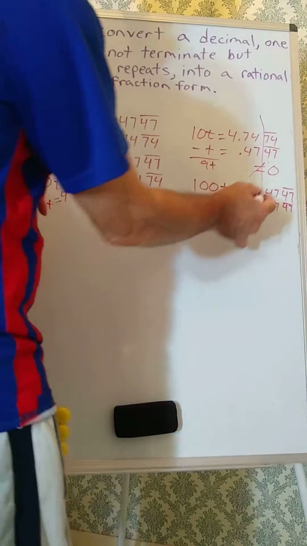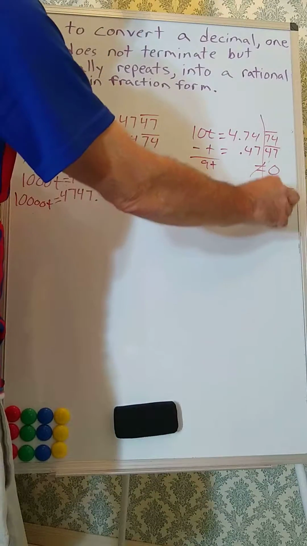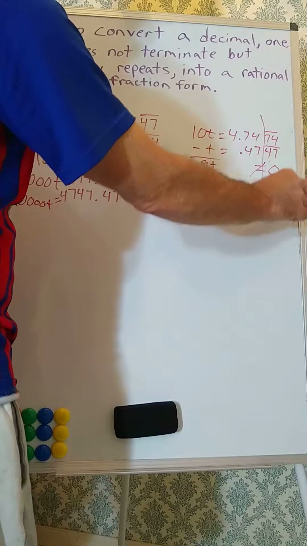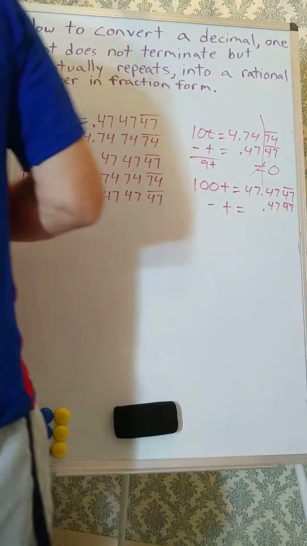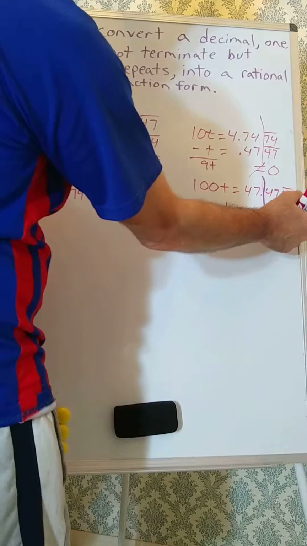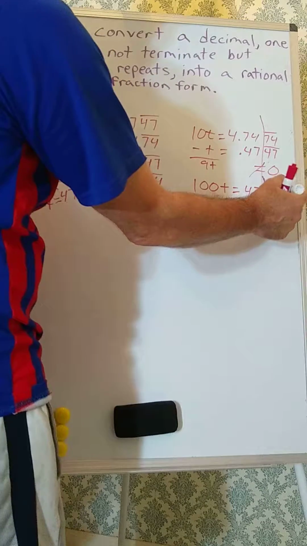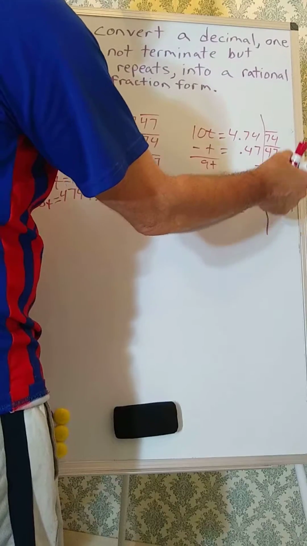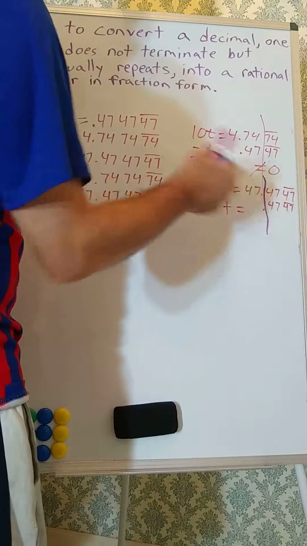In this case, I see that the decimal place values each match up. Sometimes the decimal part doesn't become 0, but as long as you're eliminating the repeating part, it'll work.